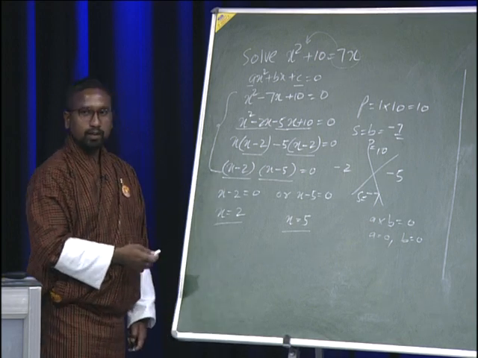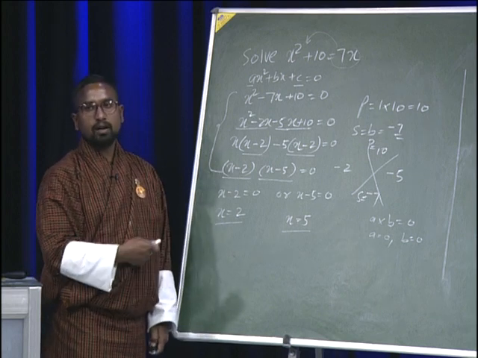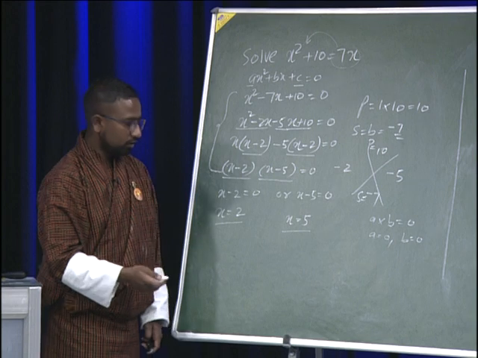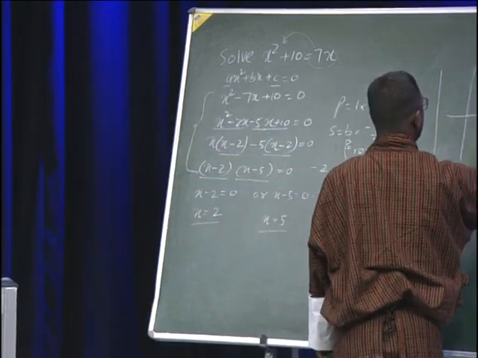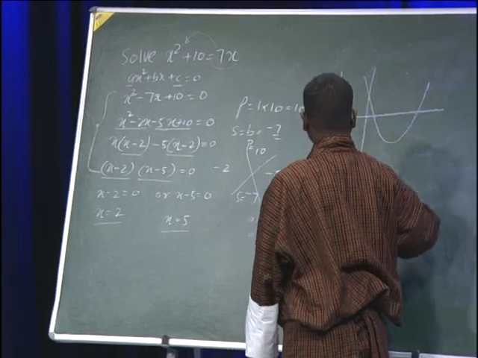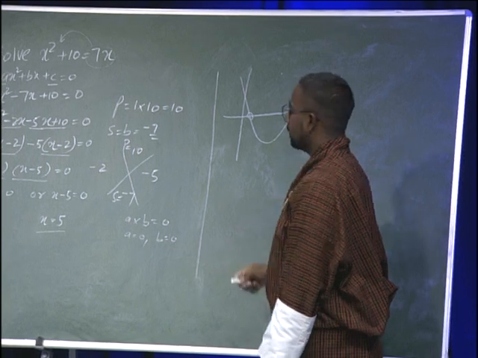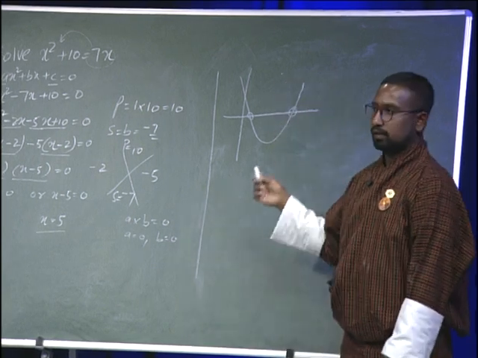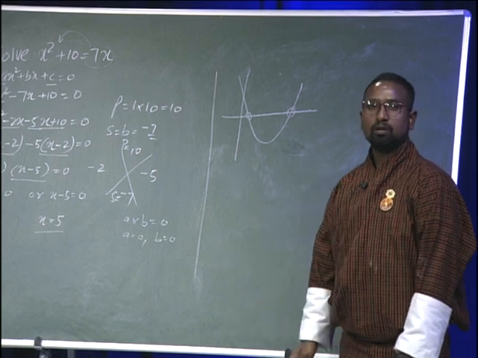In other words, we can also call these the roots or the x intercepts, because when you draw a graph of a quadratic equation, x equal to 2 and x equal to 5 are represented by the two x intercepts where your graph is crossing your x axis.